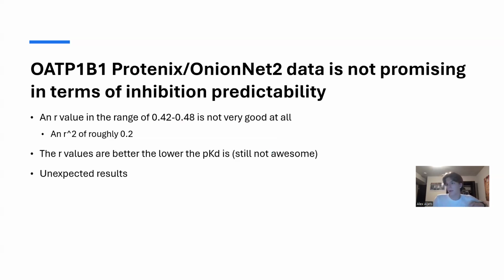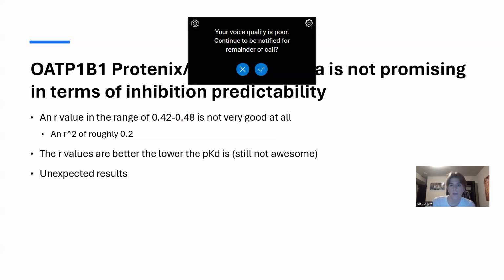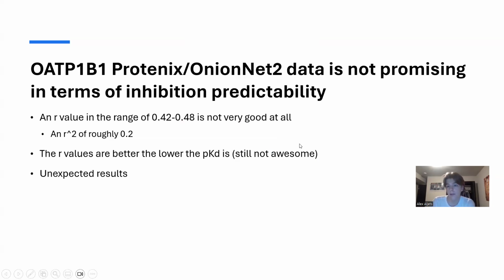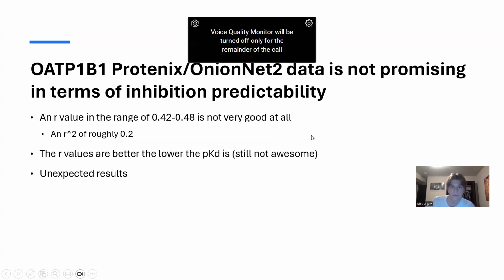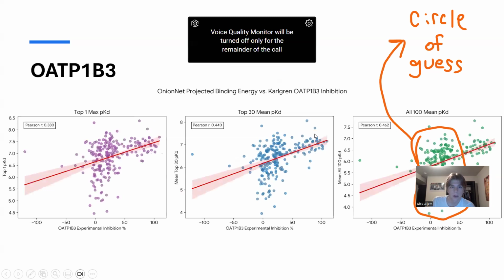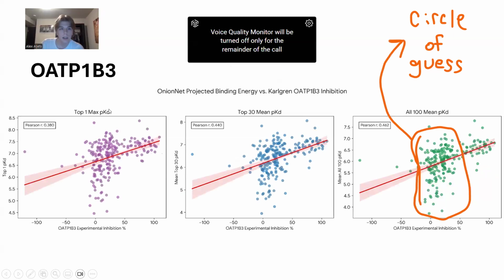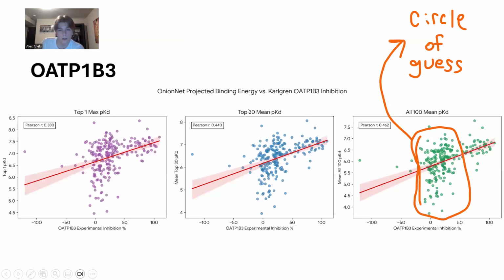I was kind of just envisioning, like it happened on Rosetta and Hollygraph, where Hollygraph performed better, the better Rosetta structures we used, basically. And then here's 1B3, which is kind of cool.